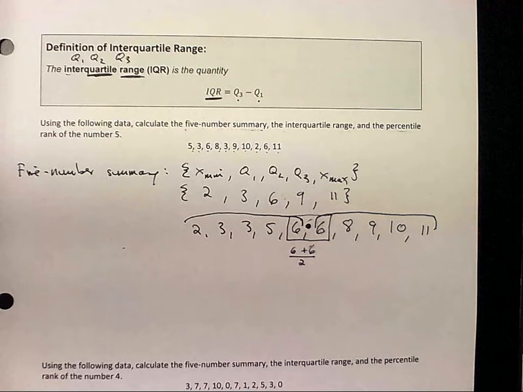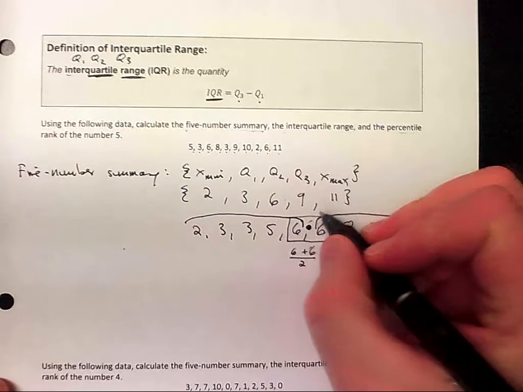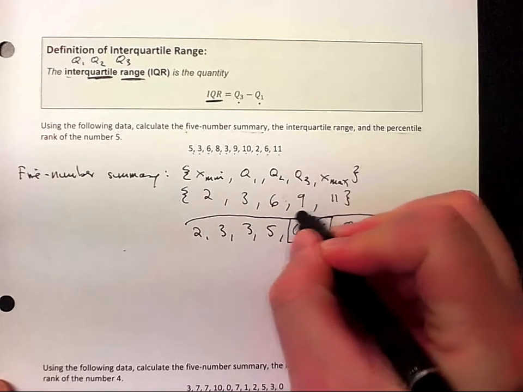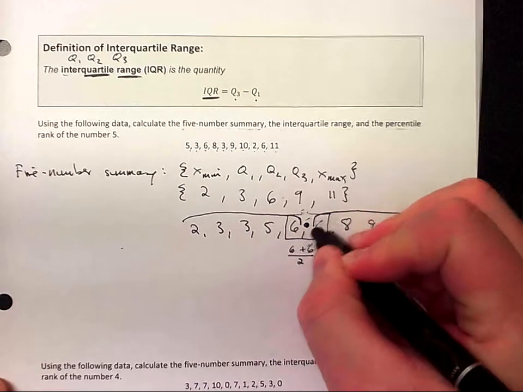Just to clarify real quick, if you have an odd number set with the lower and upper set both being even numbered sizes, you just leave out the middle value? Great question. That's not quite right, and we're going to see why when we do the next example. Because if we start off with an odd number of values, right? Let's say that we had an odd number of values.